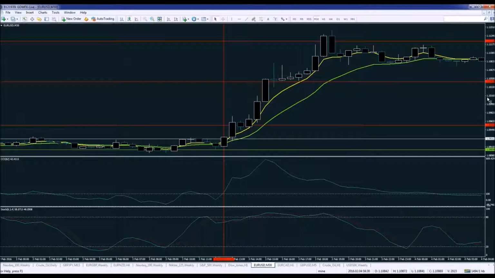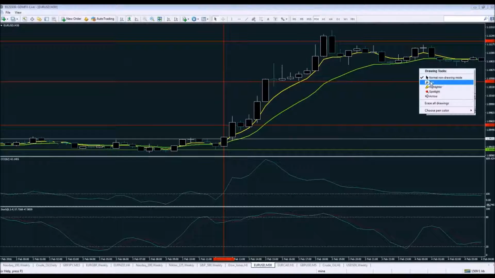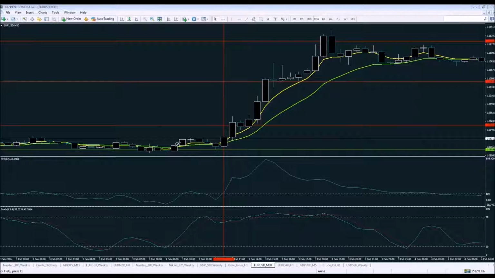Now, as we can see, the crossover for an upside movement occurs right over here on these 2 bullish candlesticks. You can see the crossover comes right over here.